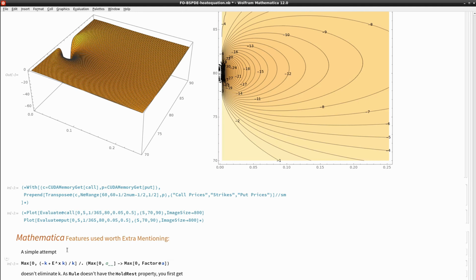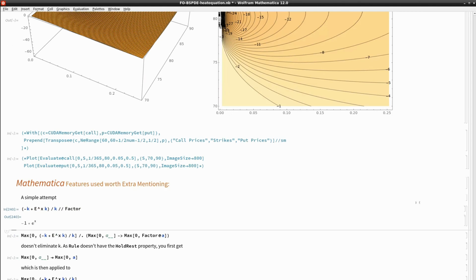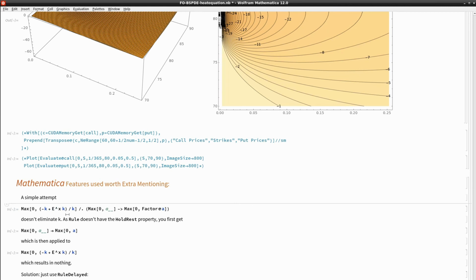So if we make a simple attempt where we have this expression which really should cancel out the k, if we use factor on this expression, then we really can get rid of k, but it's inside the max. It's inside our max expression here.